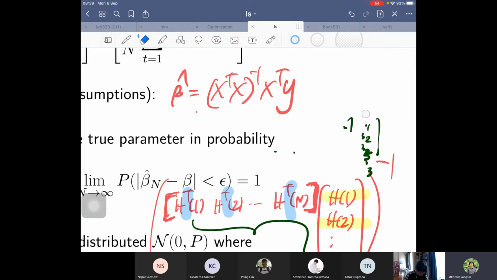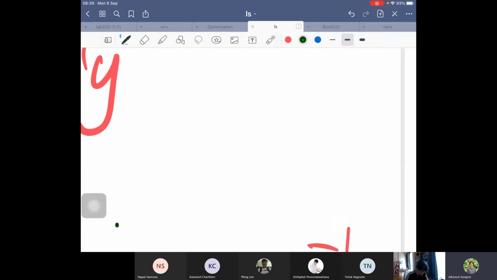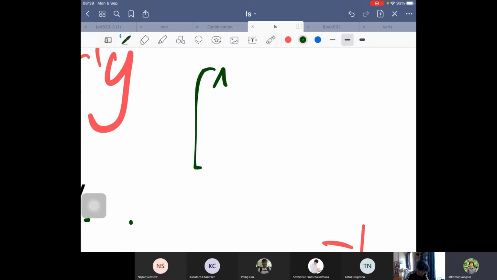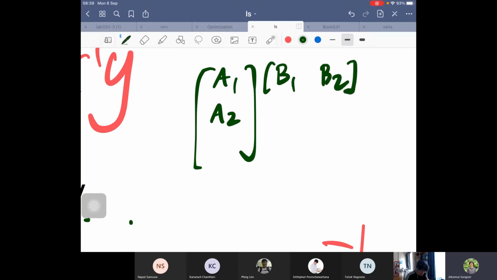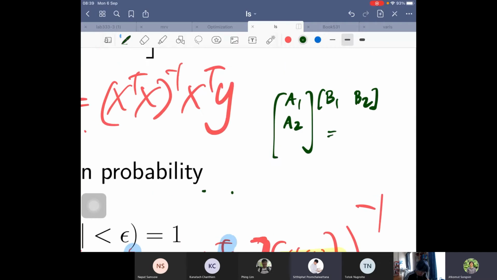Of course, they are not the same. If you see a term like this, A1, A2, just two blocks, and then B1 and B2, what is the multiplication? It is a matrix. We don't know it's 2 by 2, but it's like there are 2 by 2 blocks.